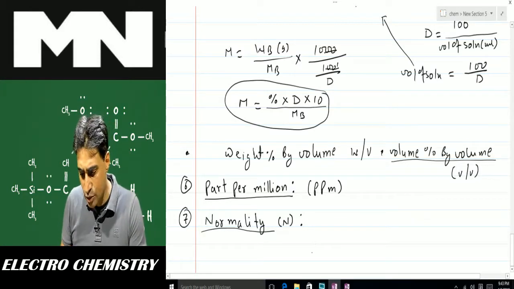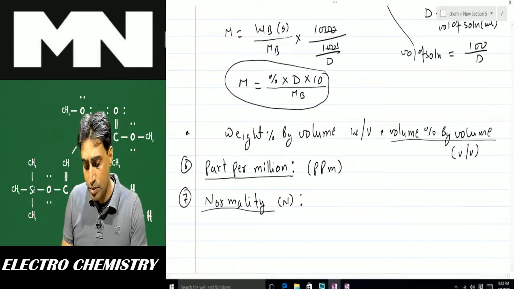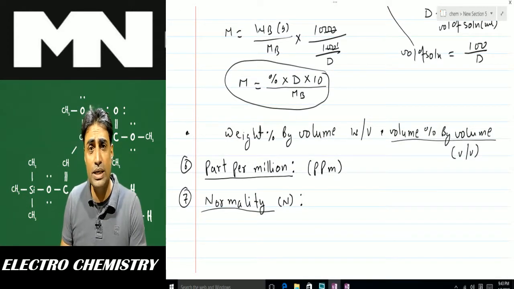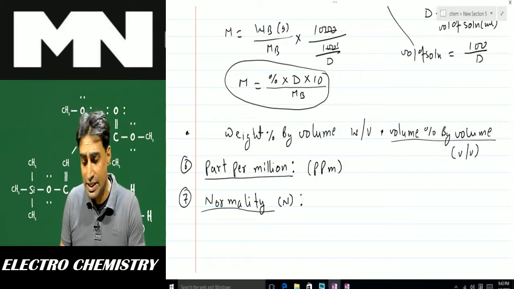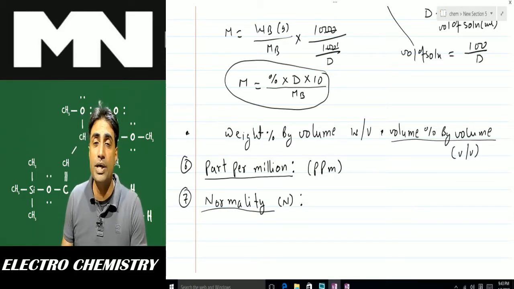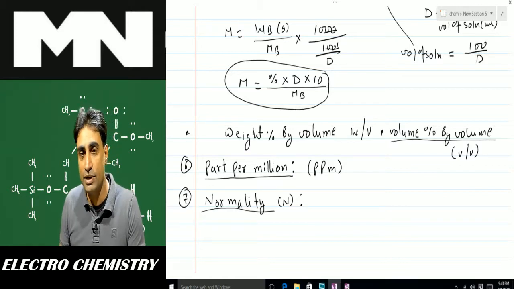Normality is very similar to molarity. In molarity, we say it's the number of moles of solute that are present in 1 liter of solution. In normality, we say it is the number of gram equivalents of solute that are present in every 1 liter of solution.